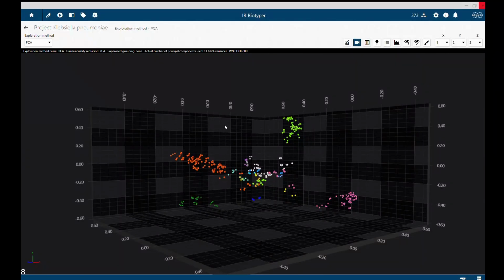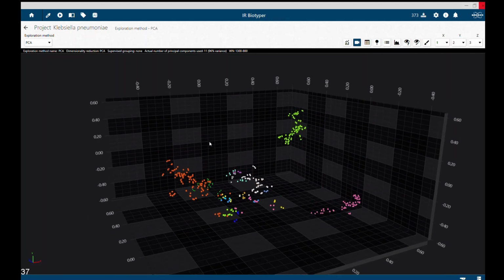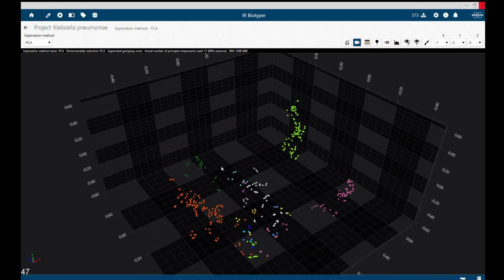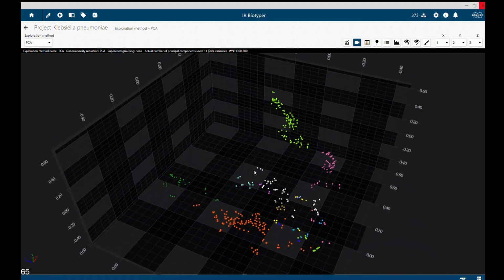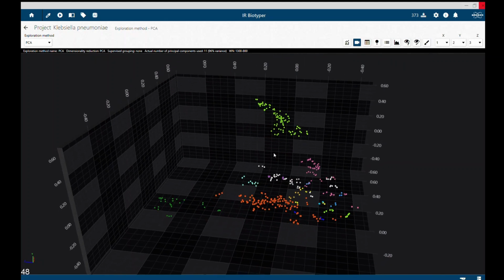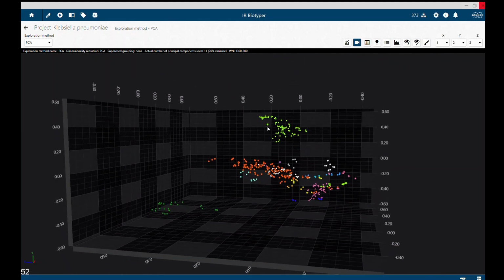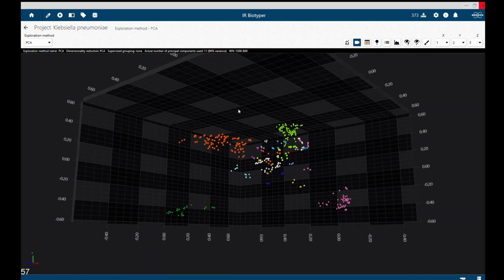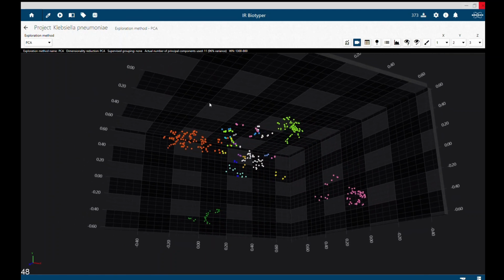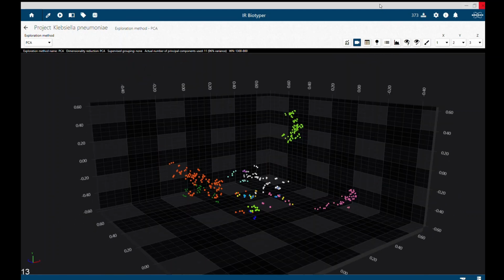If we take a look at the three-dimensional view, here is a video where you can see, if I move the camera around, that there are several STs located in the center, but some of them are grouped closely with others of the same category, such as the white cluster and the light blue cluster.